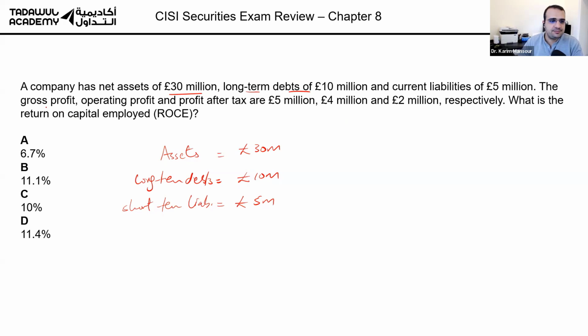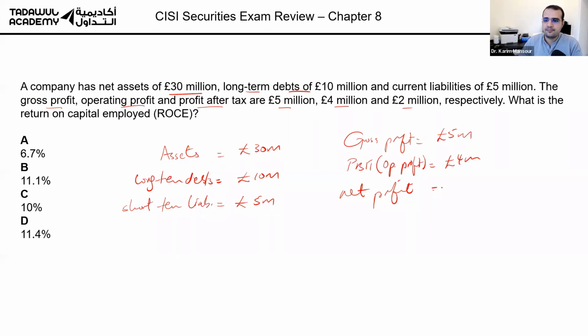The gross profit, operating profit, and profit after tax are 5, 4, and 2 million. So the gross profit is 5 million. The profit before interest and tax, or what we call the operating profit, 4 million. And the net profit is 2 million. What is the return on capital employed?